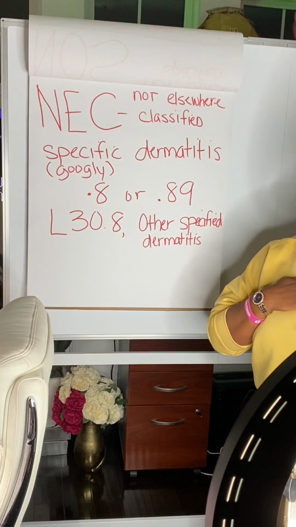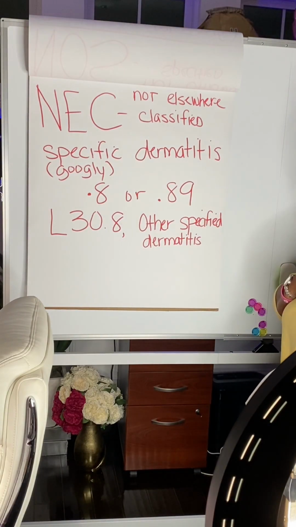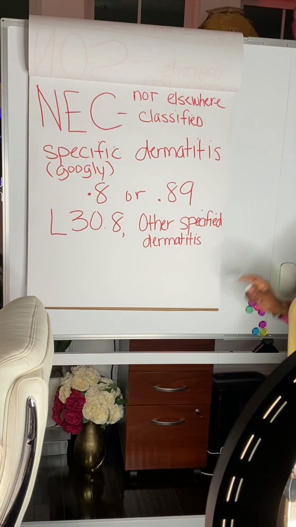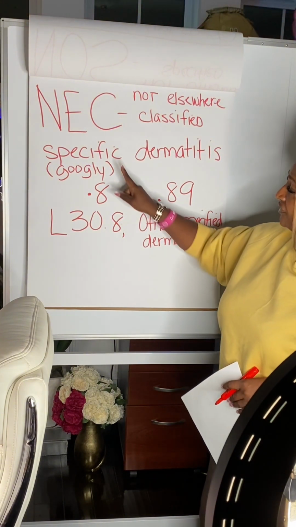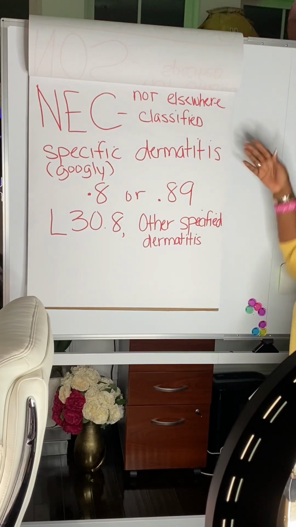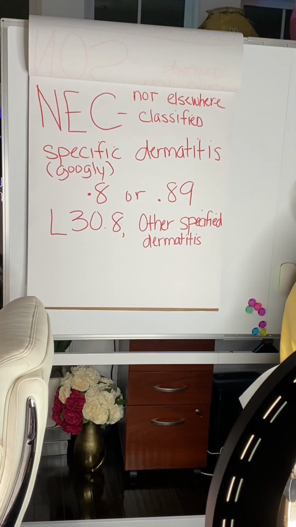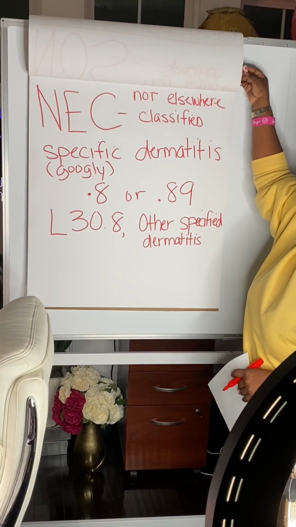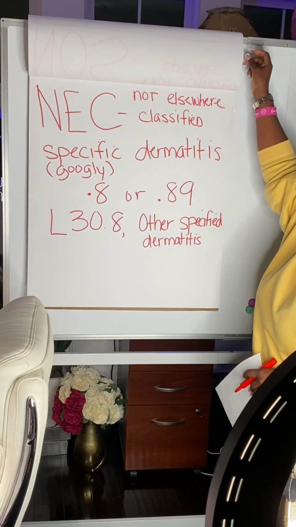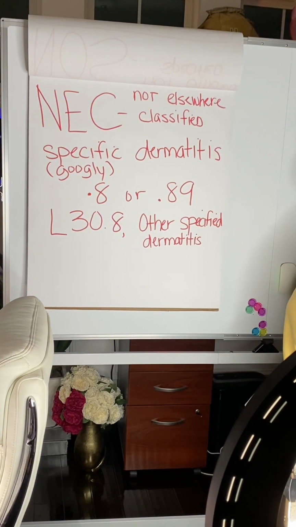We're looking for googly. We don't see googly, but the physician has documented a specific dermatitis. So we can't just say dermatitis unspecified because that's not a true reflection of the documentation because it was specified. It's just not classified in the index.